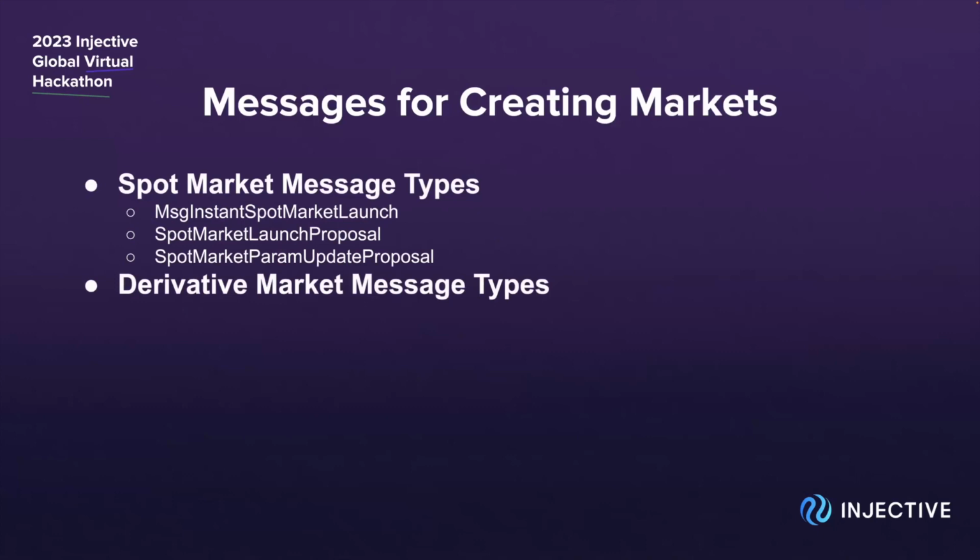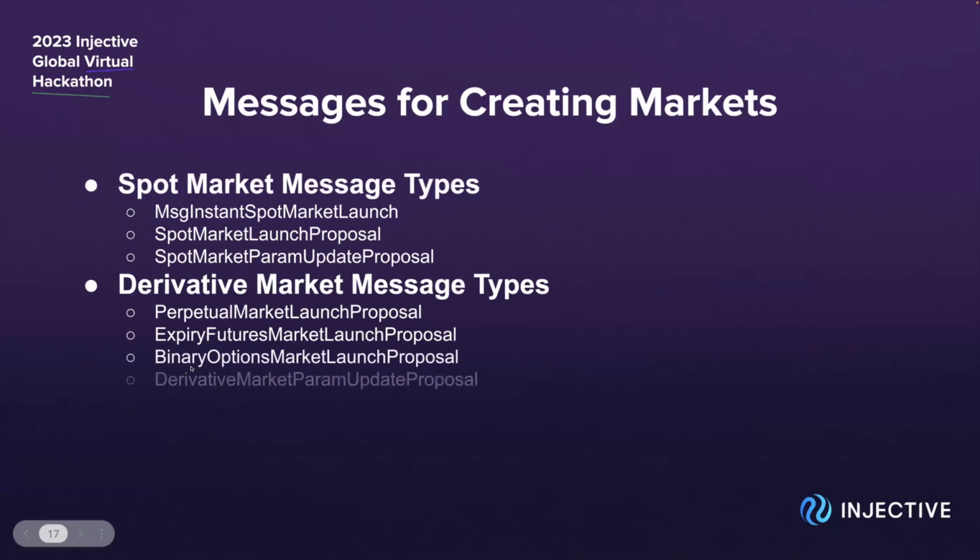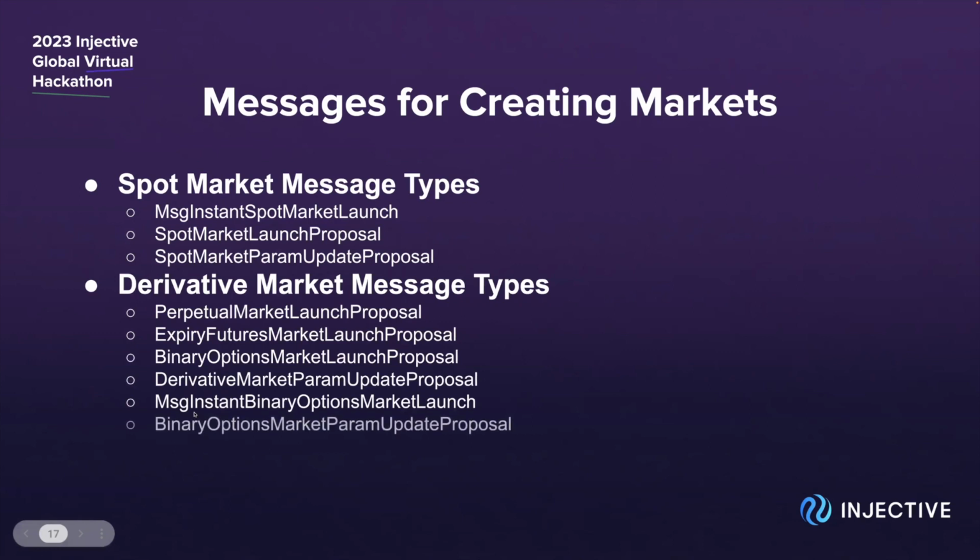There are also similar analogs for the derivative markets: launching a perpetual market, launching an expiry futures market, also a binary options market, as well as updating the parameters for these markets. And of course, you can also instantly launch a binary options market, and update the parameters of such a market.